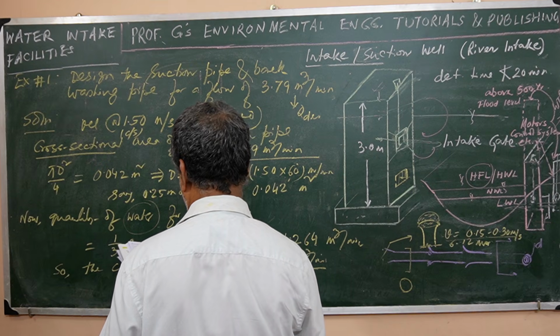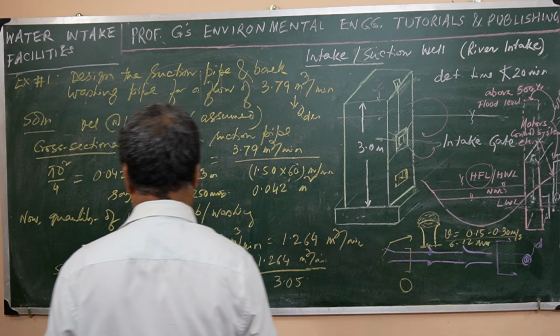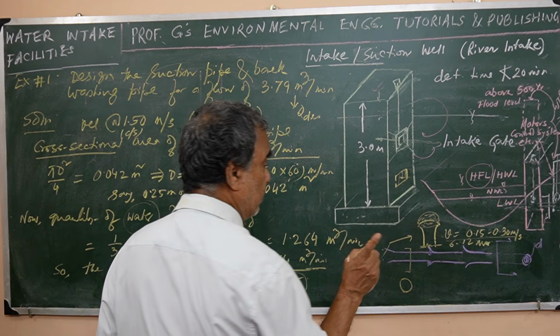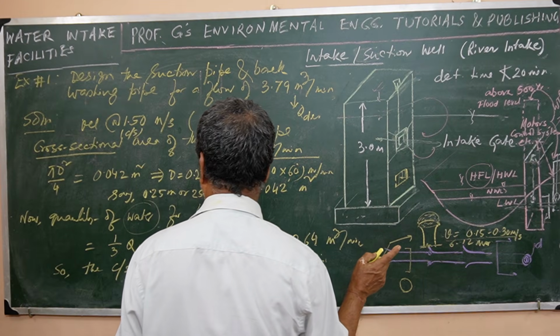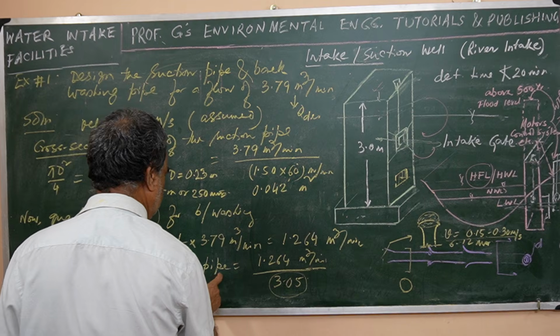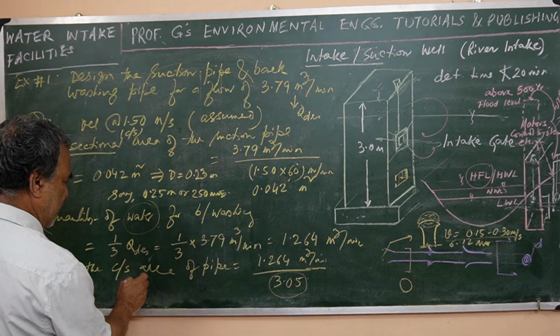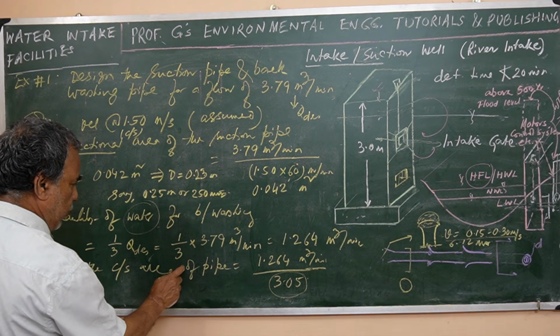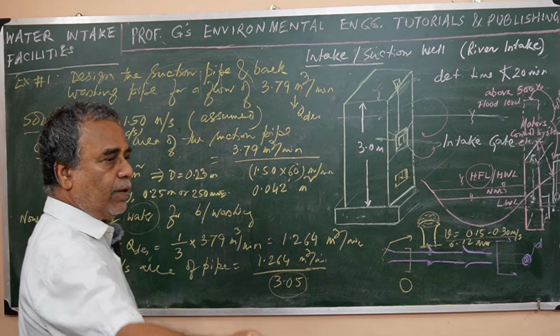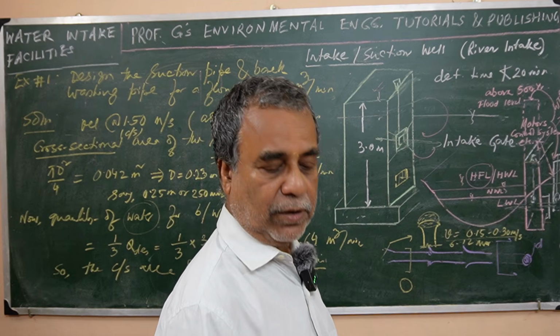So this into 3.05, we are assuming the velocity of water in the backwashing pipe, right? This is the assumption as per the design guideline, remember. So we should have written that assuming a backwashing velocity of 3.05, which is recommended by many literature also.